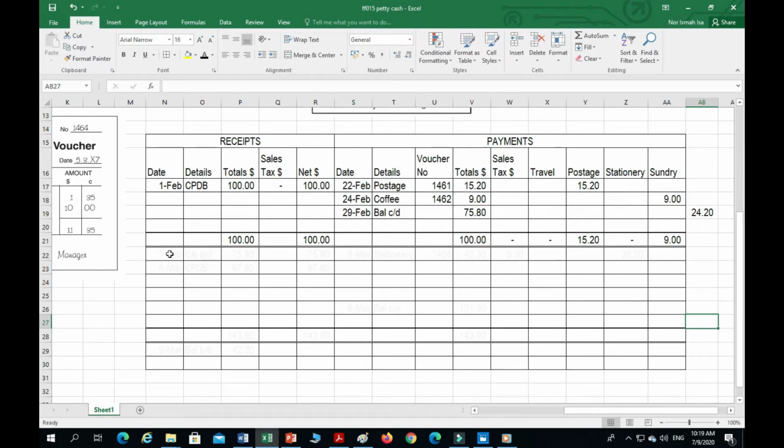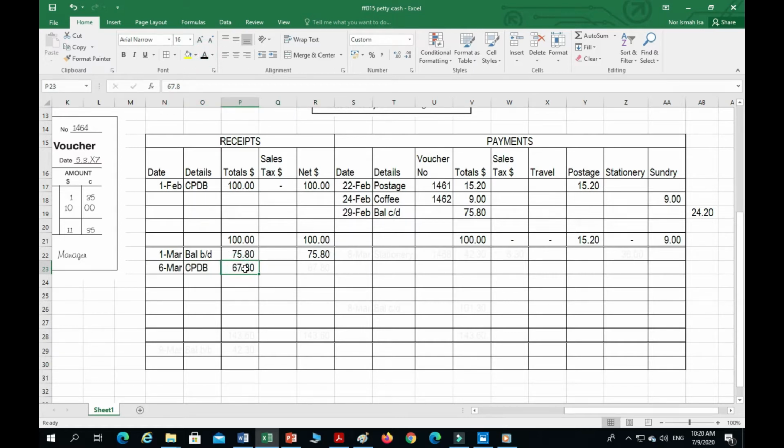So on this one, this is not 1 February, this is 1 March. So the balance for petty cash is 7880. Since the petty cash float is not enough, the petty cashier needs to claim from the cash payment debit with the amount 2420.